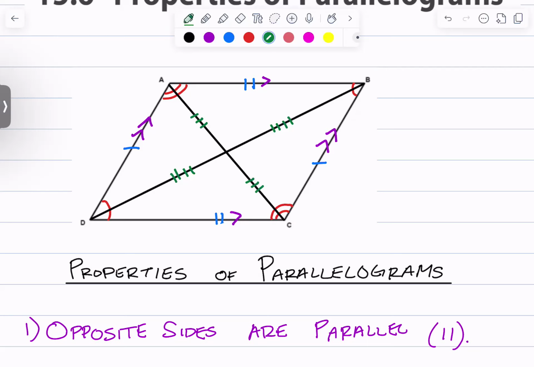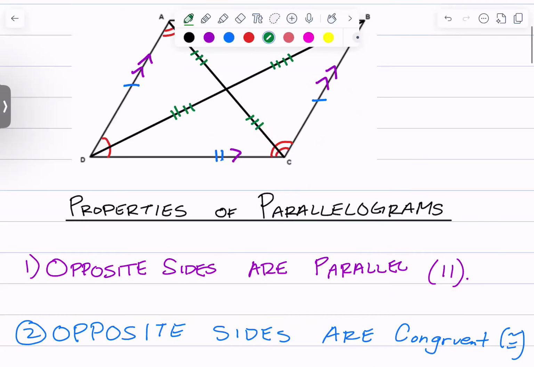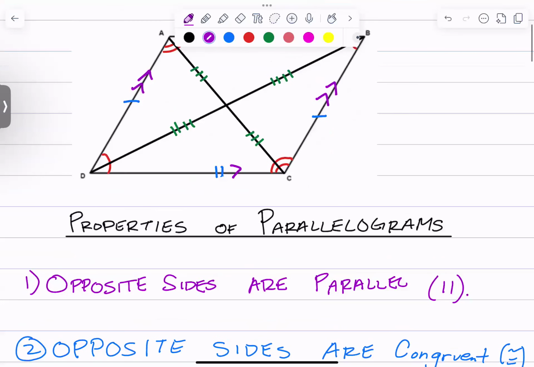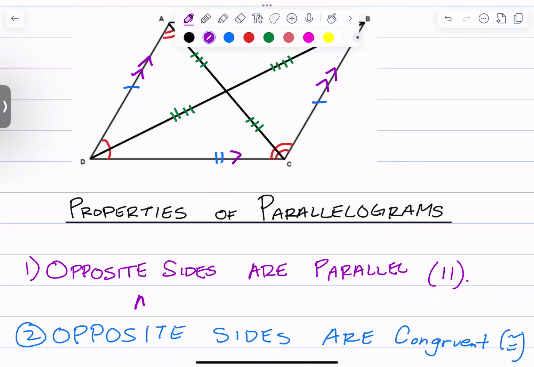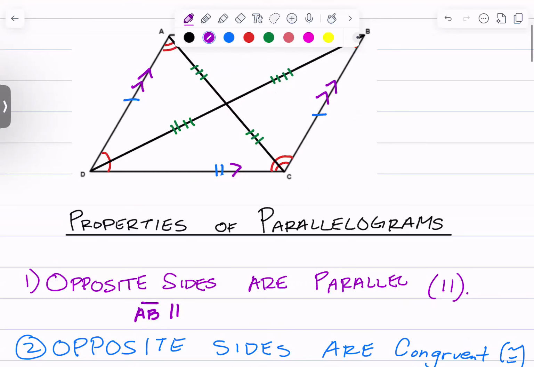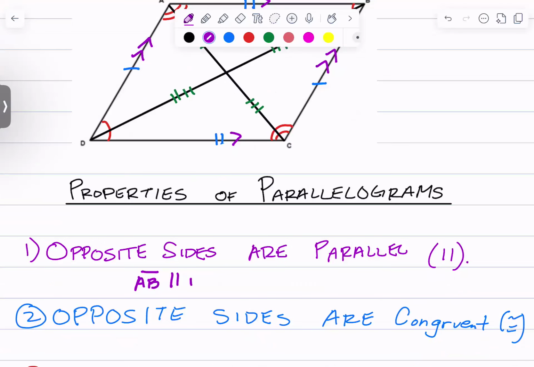Okay, so there's a lot of things going on here. These are the properties, and let's actually write out what that means. So opposite sides are parallel. That means AB is parallel, remember, the symbol for parallel looks like just 2 vertical lines, to DC, and AD is parallel to BC, right?